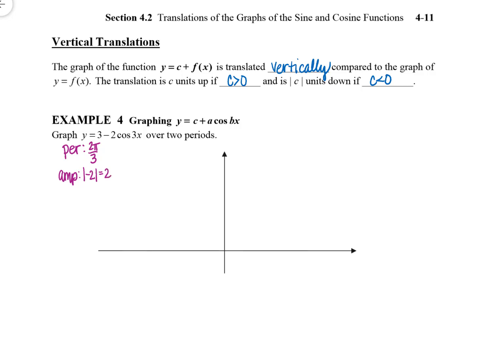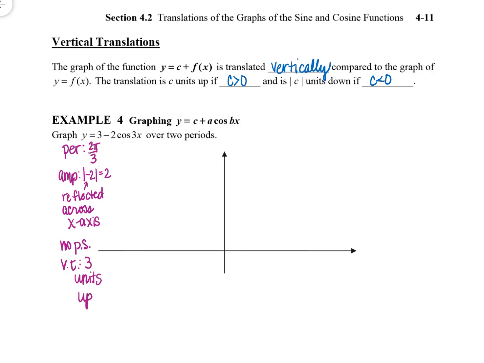That means the amplitude is 2, and this graph will be reflected across the x-axis because of that negative. And there is no phase shift because you see how there is no plus or minus with the x. There is a vertical translation, and I'll abbreviate that VT, and that is a +3, so that means that it'll be translated up by 3 units.